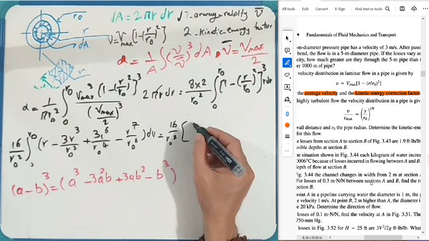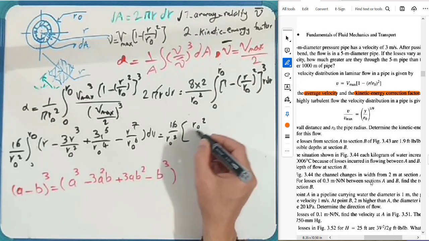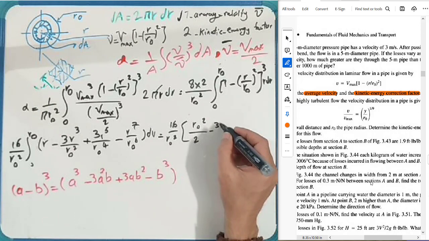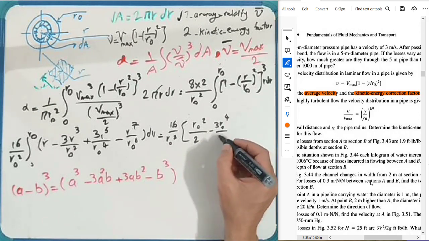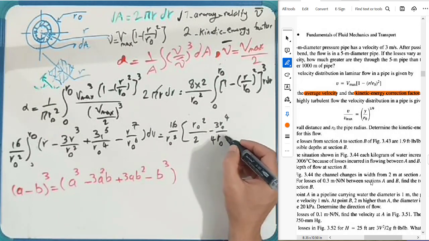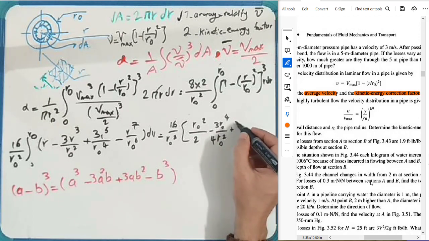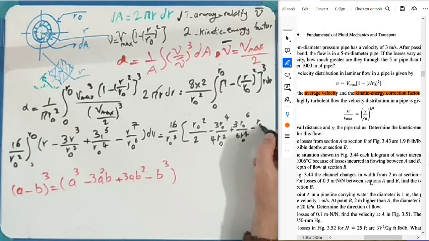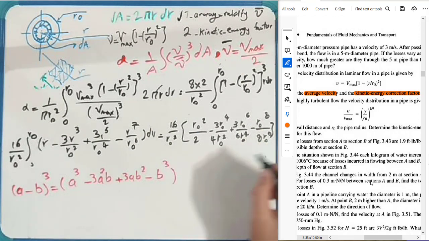It would be R0²/2 minus 3R0⁴/(4R0) plus 3R0⁴... minus R0⁸... over 8R0⁶.